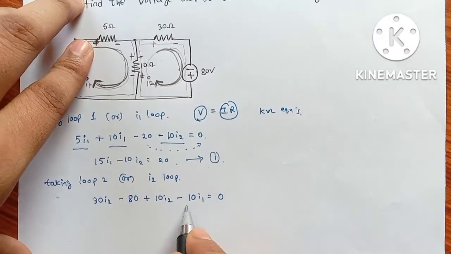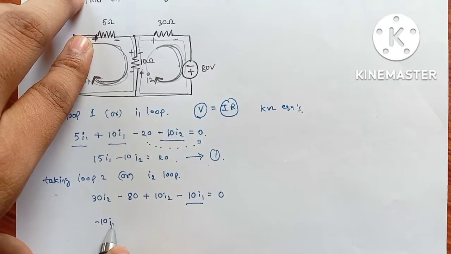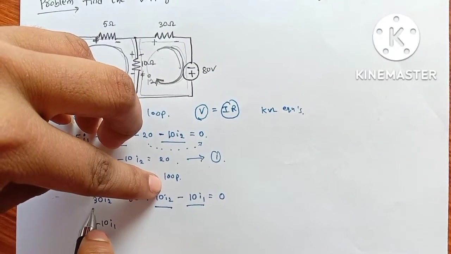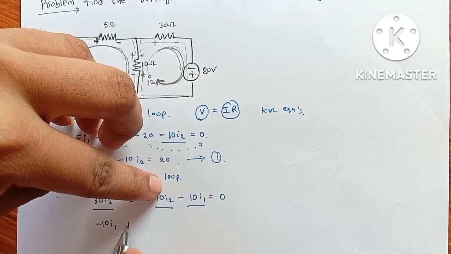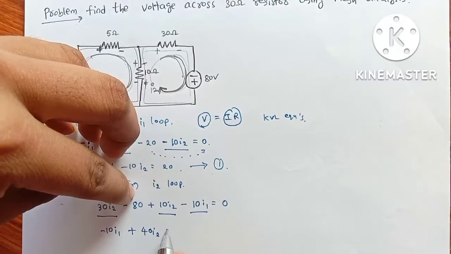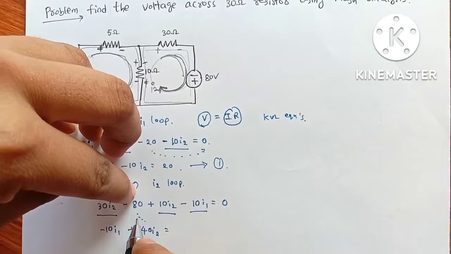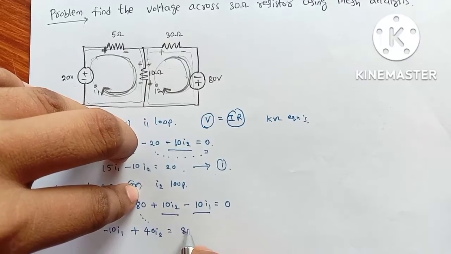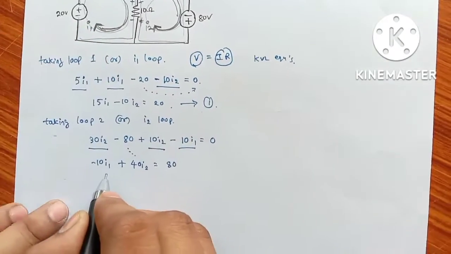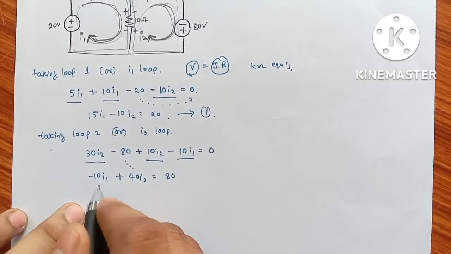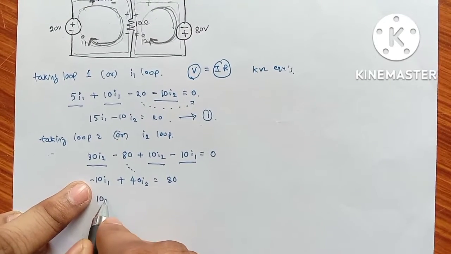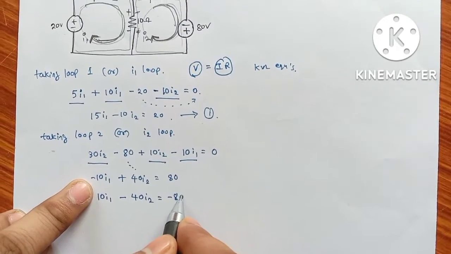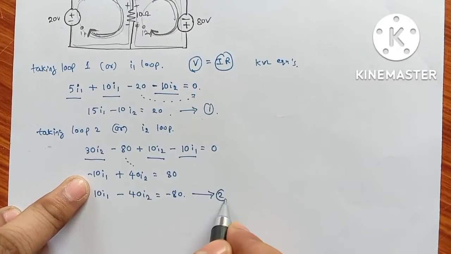So minus 10 I1, positive 10 I2, positive 30 I2, which is 40 I2. Taking the 80 to the RHS, it becomes positive 80. Changing signs, this is 10 I1 minus 40 I2, which is equal to minus 80. Consider this as equation 2.